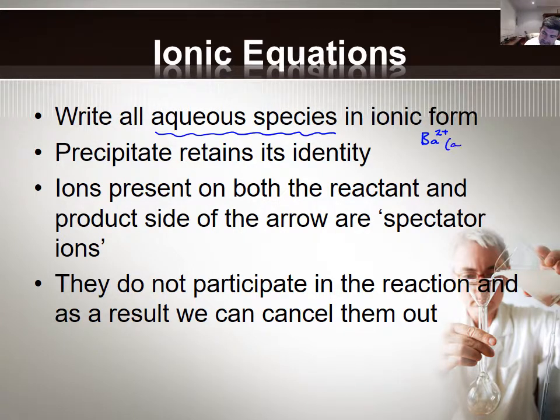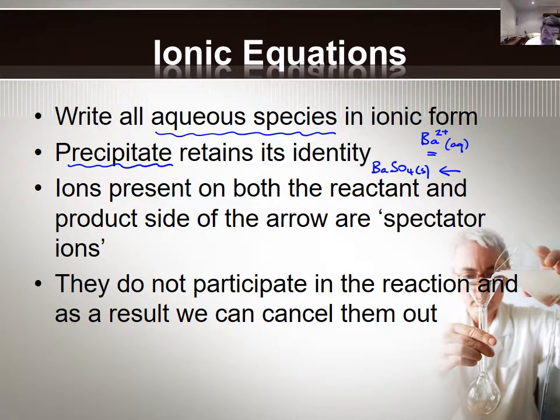You can add the subscript aqueous to identify that it's in solution, but it should be in the form of Ba2+. The precipitate, on the other hand, will retain its identity. So we wrote barium sulfate as BaSO4 with a solid. Now it's not ionic, it's not still in the solution, it's actually come out of the solution as a solid, and we identify that by this notation.